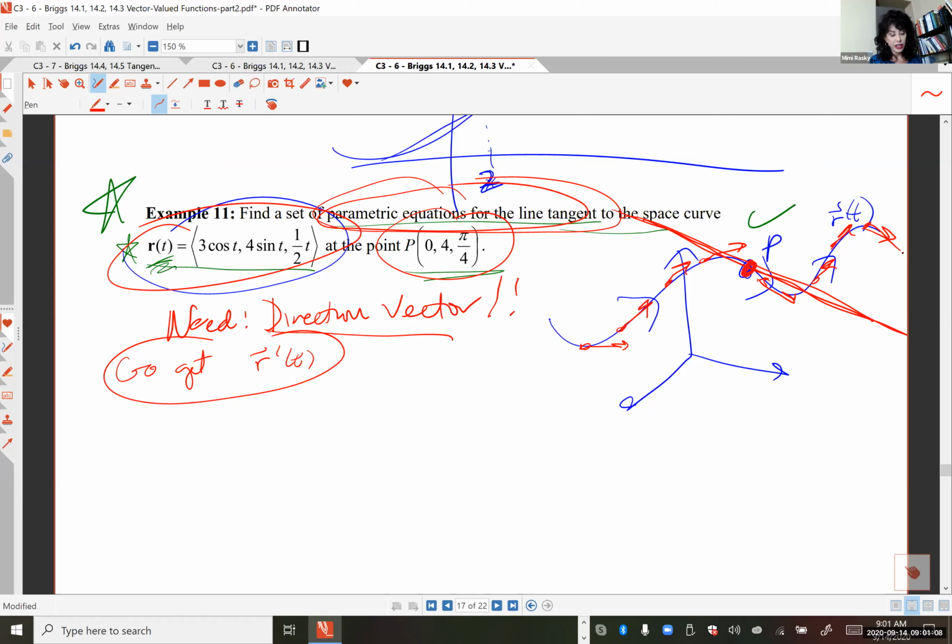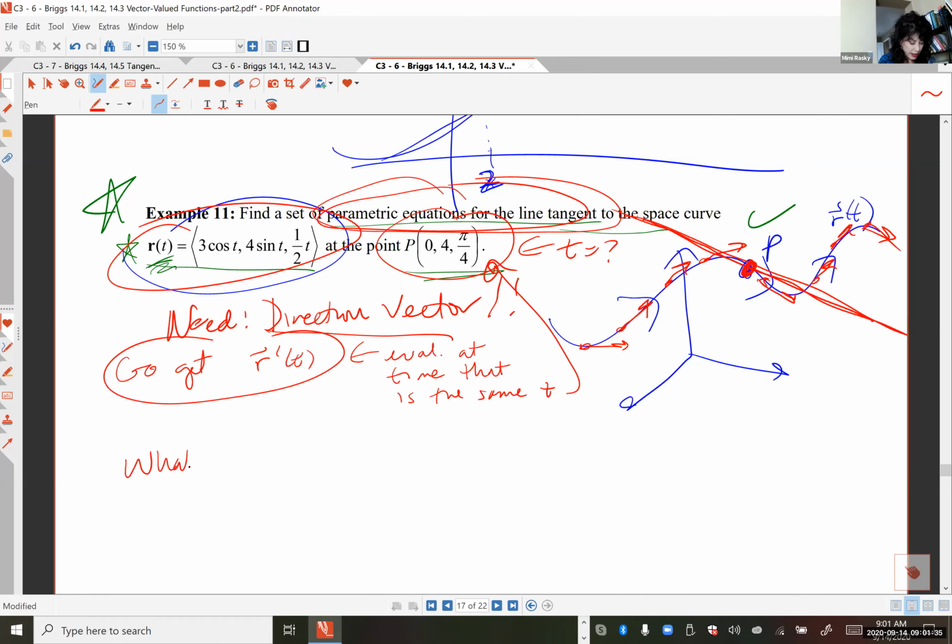So the tangents are going to be all over the map. But you'll have to evaluate it at the same time t that this point is. And so what we haven't done, and we will do right now, is at the point, in this case 0, 4, pi fourths, what time is it?